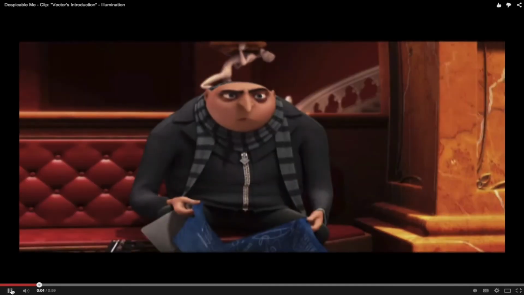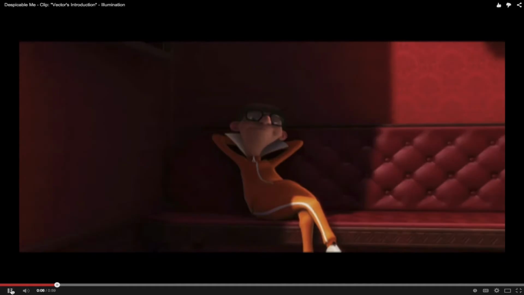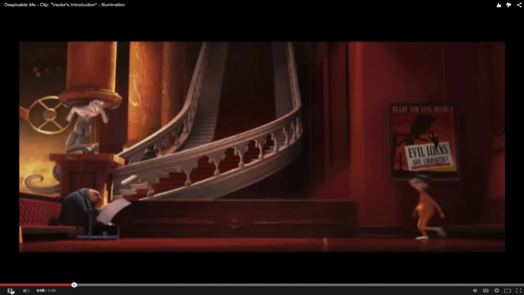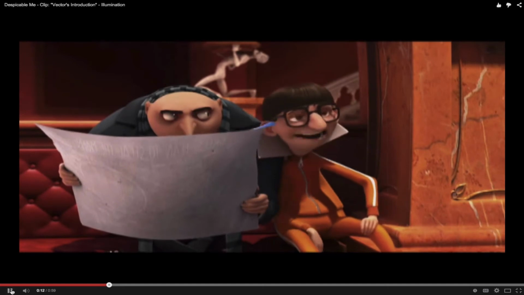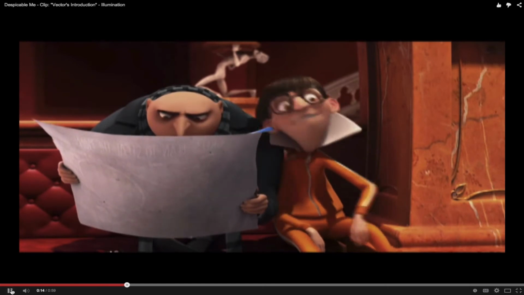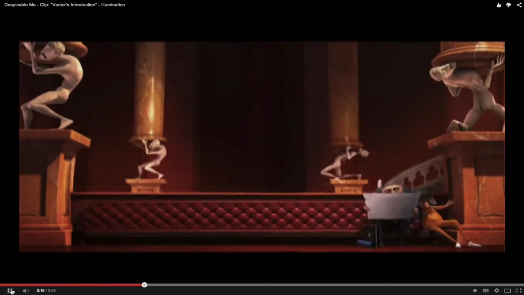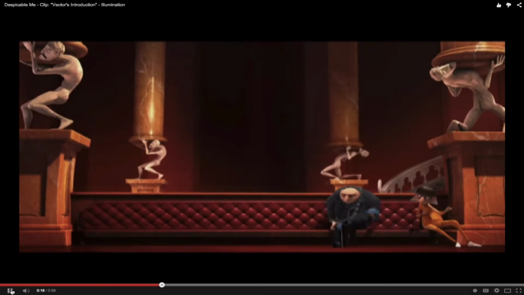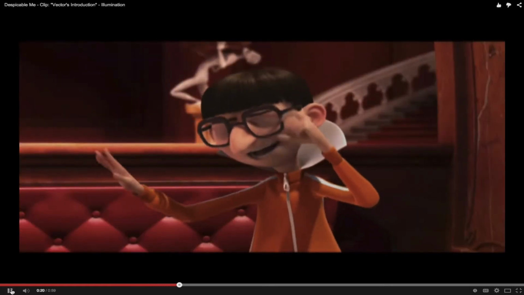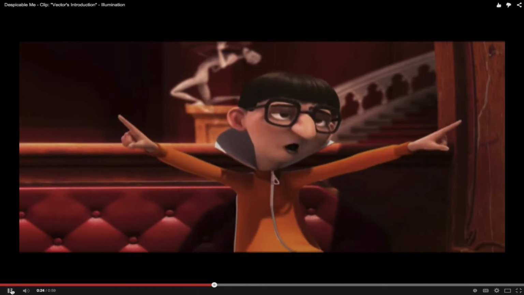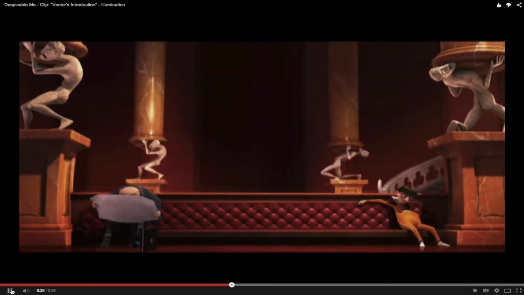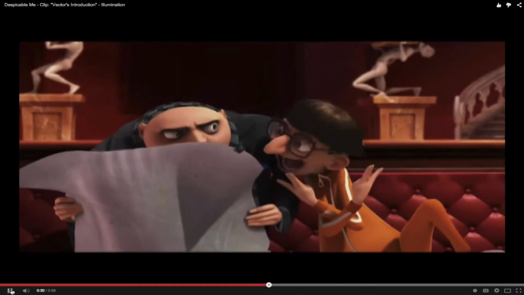Hey. I'm applying for a new villain loan. Go by the name of Vector. It's a mathematical term, a quantity represented by an arrow with both direction and magnitude. Vector!